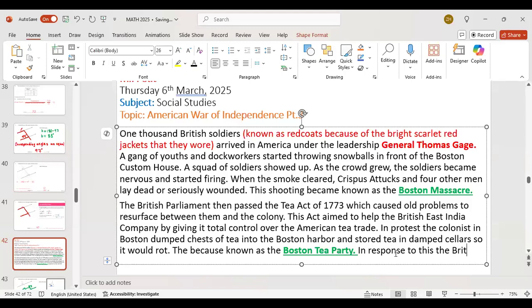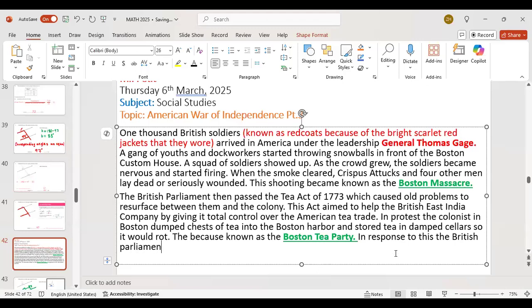The British Parliament passed the Intolerable Acts to punish the colonists of Boston, Massachusetts.